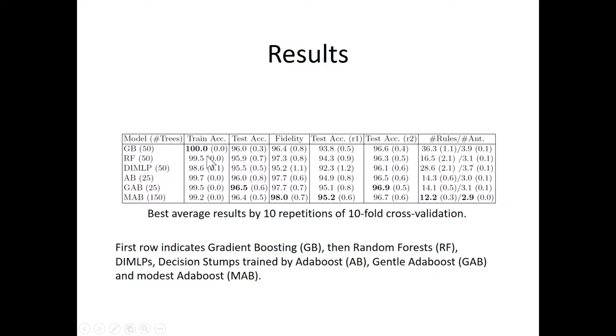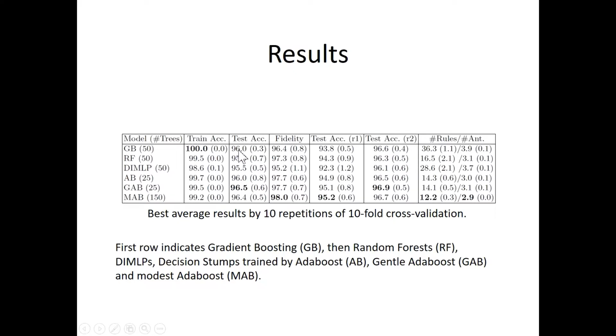This is the average train accuracy. Experiments here are run with 10-fold cross-validation. Between brackets here we have the standard deviations. So the testing accuracy here is given for gradient boosting.